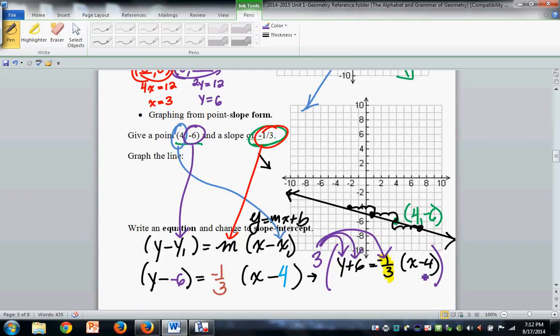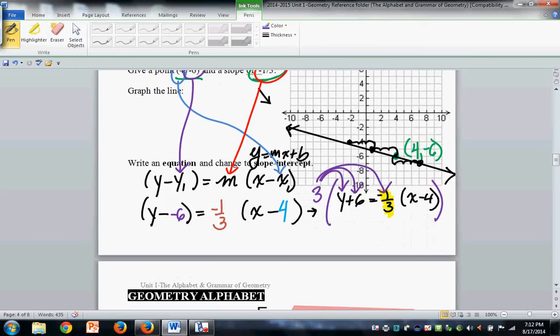We don't go to the internal parentheses. So this ends up being 3y plus 18 equals, that cancels to a negative 1, so this is going to be negative x plus 4.